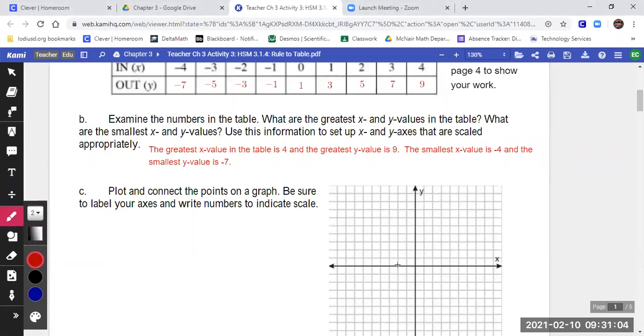I actually have enough space to go like this and do every other line, because that would still get me 1, 2, 3, 4, -4.